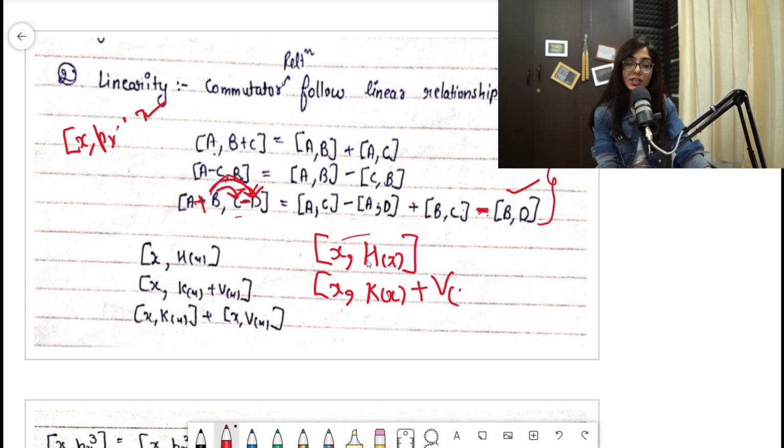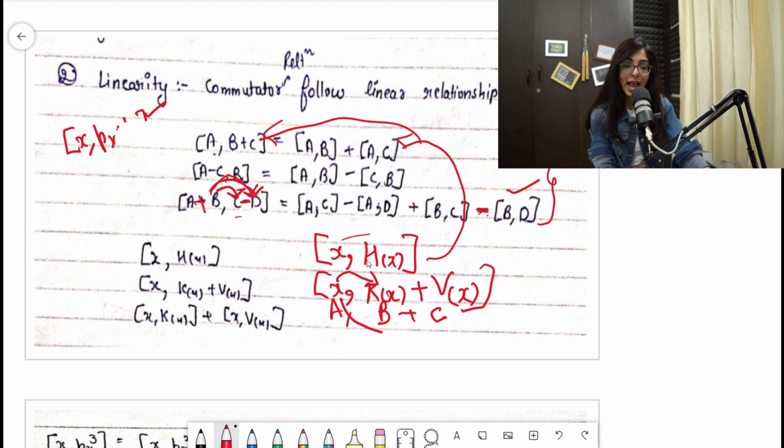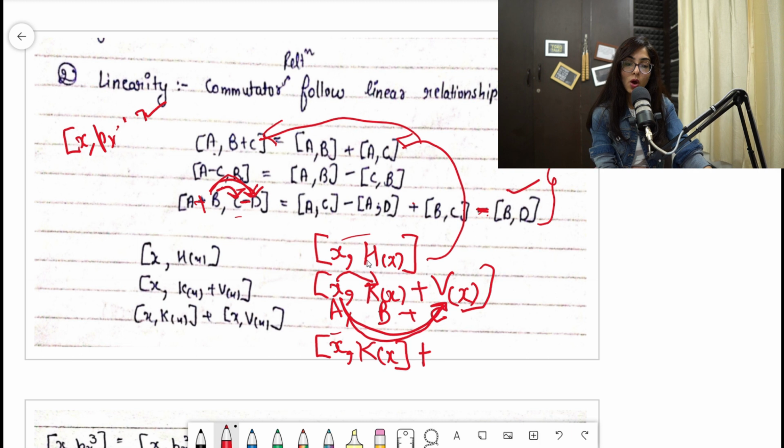Now it is in the form of [a, b + c]. So I take x with kx, that will become [x, kx], then plus, and now x with vx, that will become [x, vx]. I hope that is clear to you.